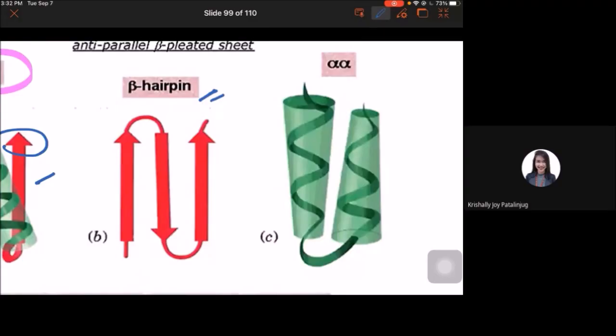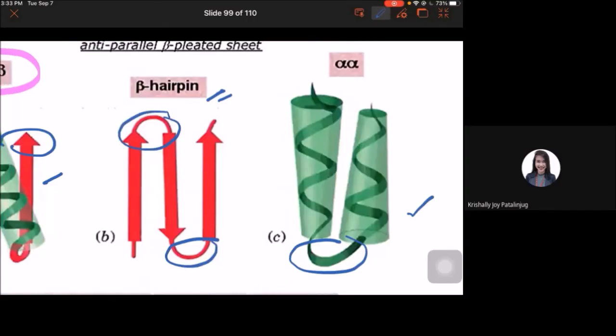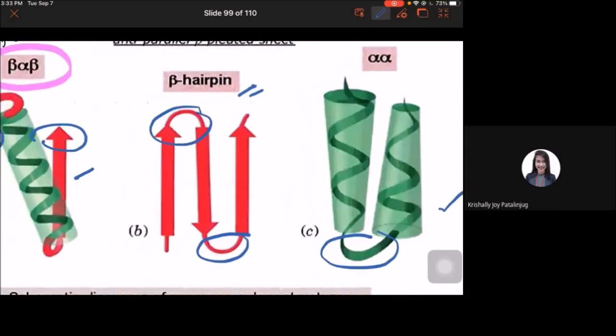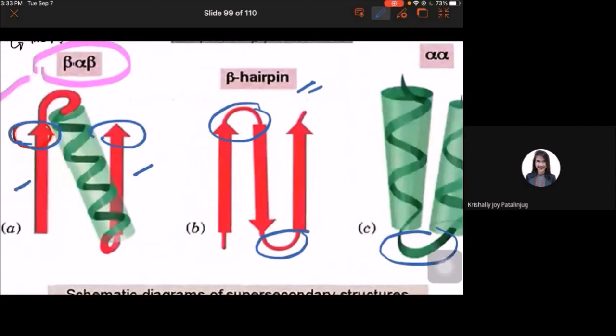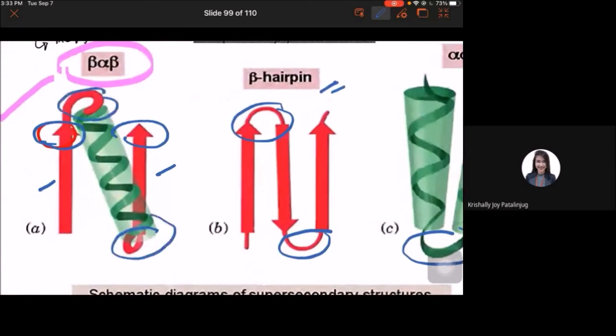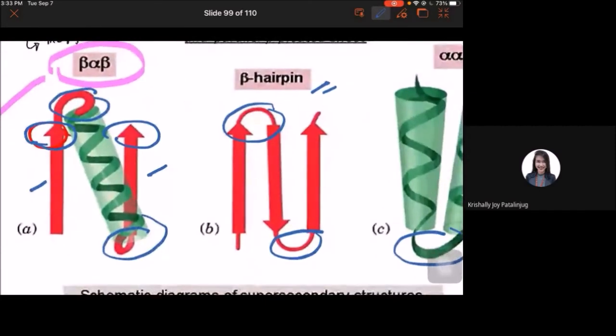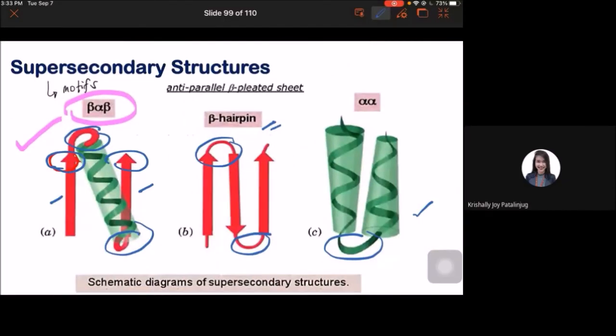Obviously, dito naman, wala tayong makikitang beta sheets. Puro alpha to alpha helix. So, ito yung sinasabi ko sa inyo: yung nagko-connect sa kanila, importante yung loops, turns, tsaka bends. Kasi hindi magko-connect yung mga secondary structures kung wala yun. Kumbaga, bridges sila.